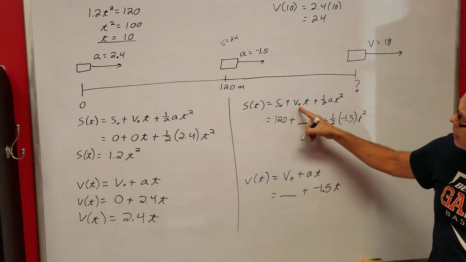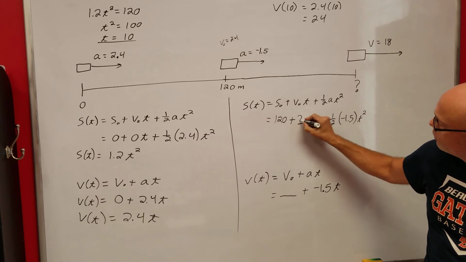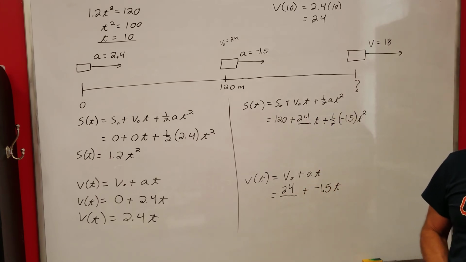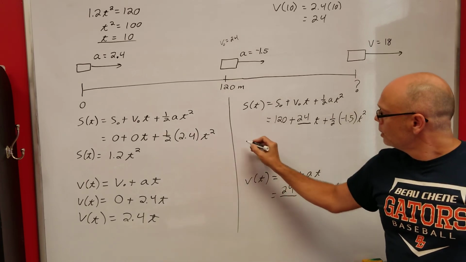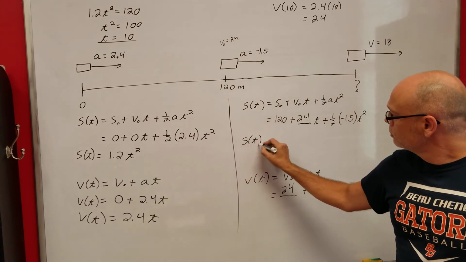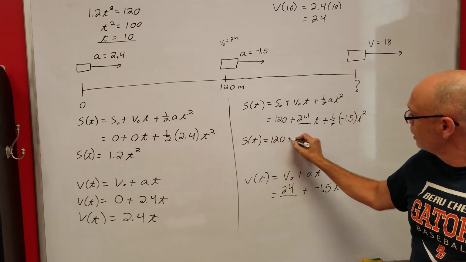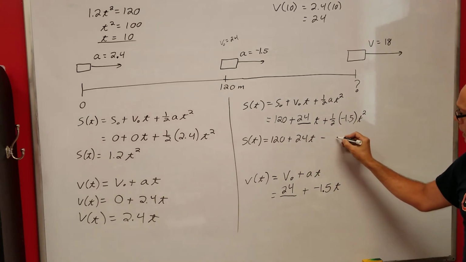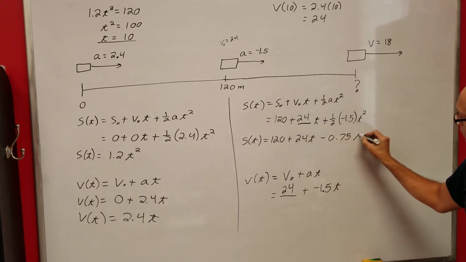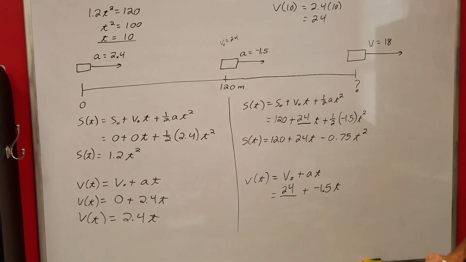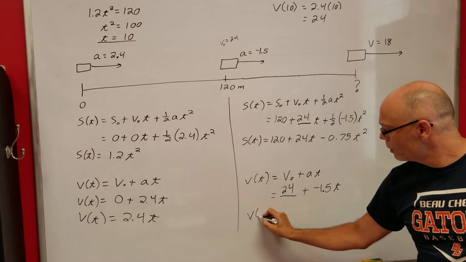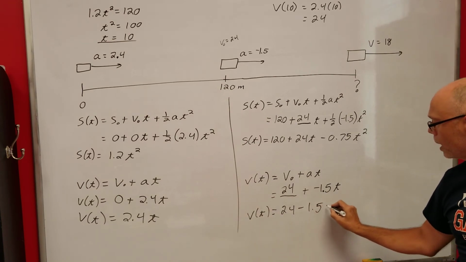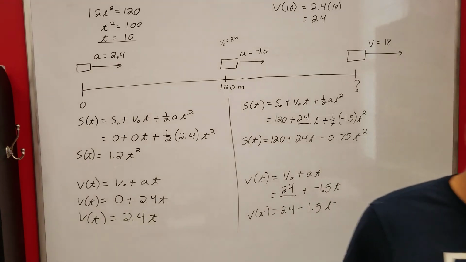So that means I can put in my initial velocity of 24 here and 24 there, right? So S of t then will equal 120 plus 24t minus, if I multiply these, 0.75 t squared. And over here, if I clean this up, v of t is equal to 24 minus 1.5 t, right?